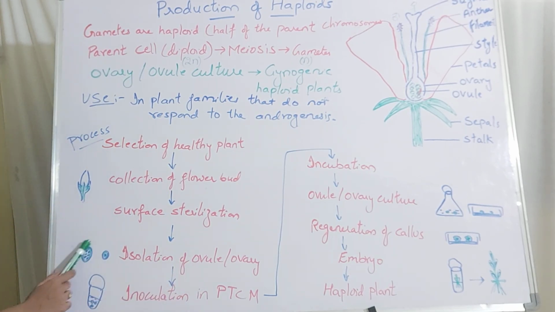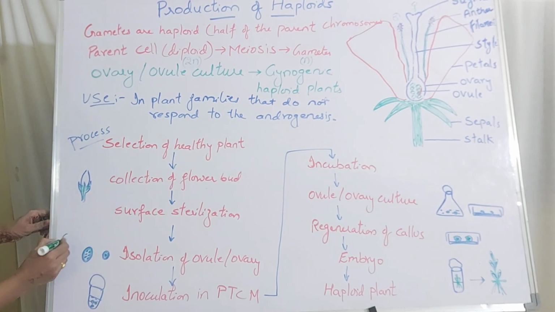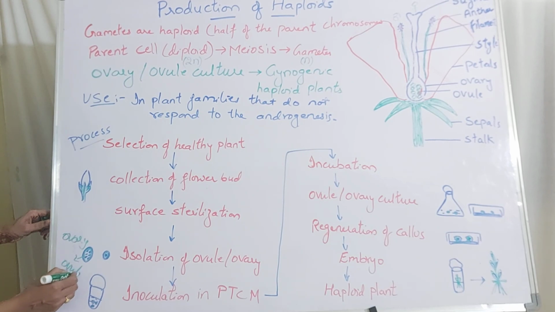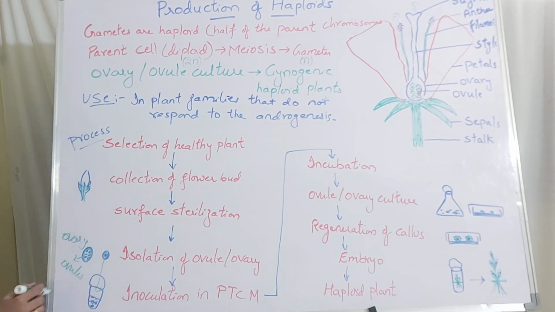See here I have shown, it is a complete ovary consisting of many ovules, whereas here it is an ovary consisting of a single ovule. So in this case you will directly inoculate that into the plant tissue culture media.